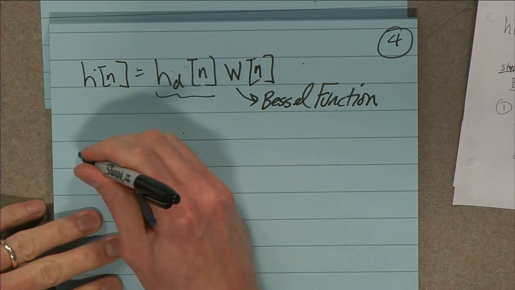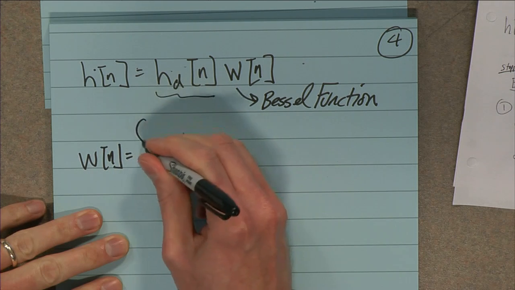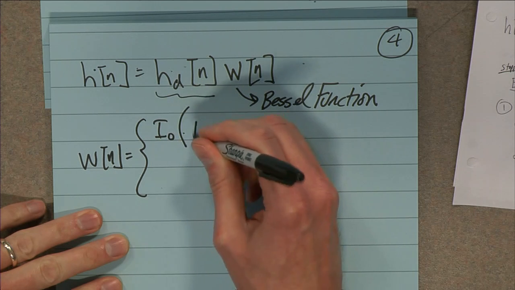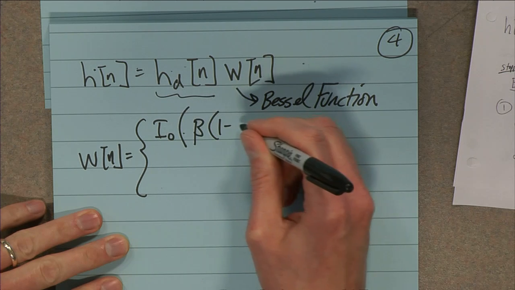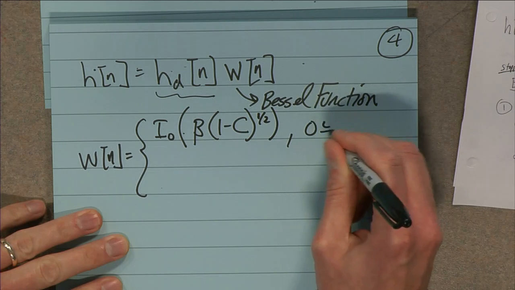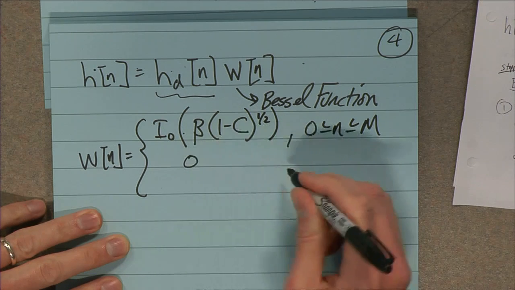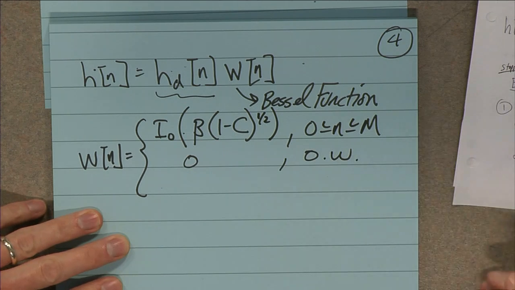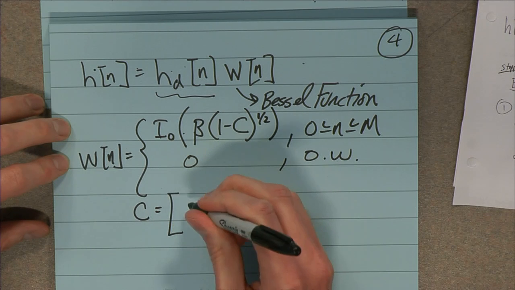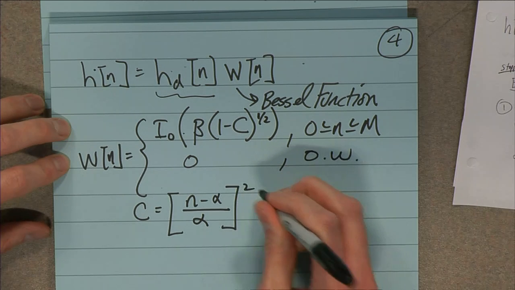So just to be clear, this window function had a kind of a funny format: 1 minus capital C to the 1/2, and that was for n between 0 and M, and 0 otherwise. And C was n minus alpha all over alpha, everything squared.